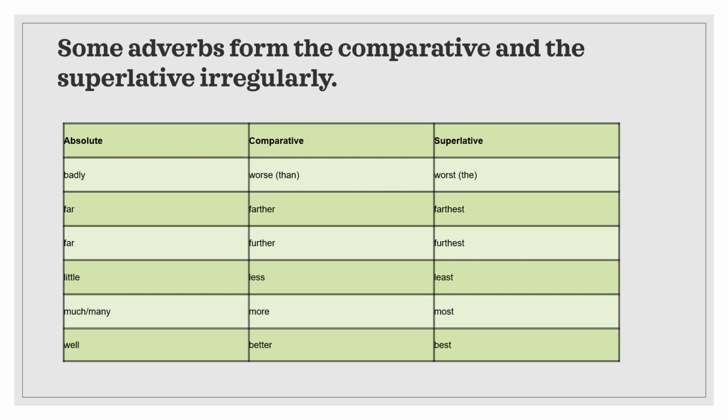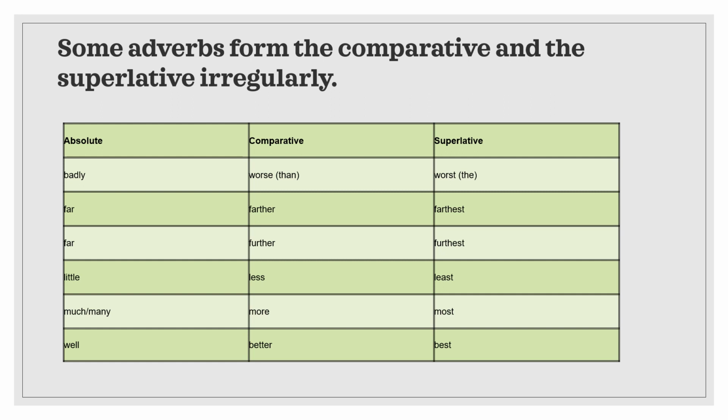Okay. Then you have far, farther, and farthest. Now this one's tricky because now you have far, further, and furthest. These are like, she lives further away from me than you do. She lives the furthest away from the school. Little, now this is not like little and big.